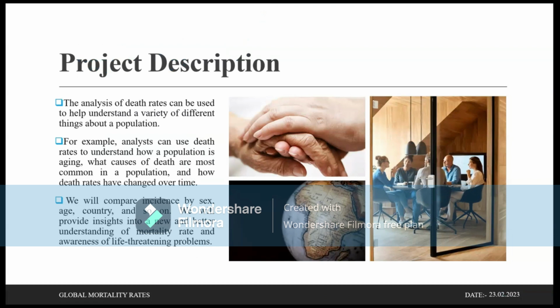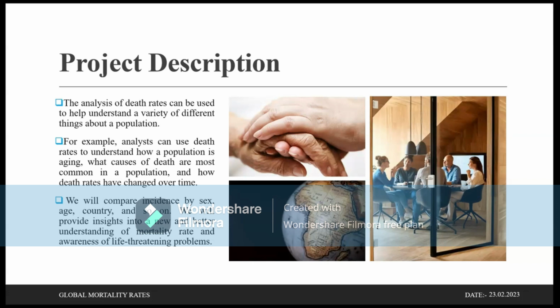Let's begin with the project. What is our project all about and what are we going to do? This project aims to develop a data analysis report for our client, giving awareness to citizens of preventable and treatable mortality. The analysis of death rate can be used to understand a variety of things about a population.